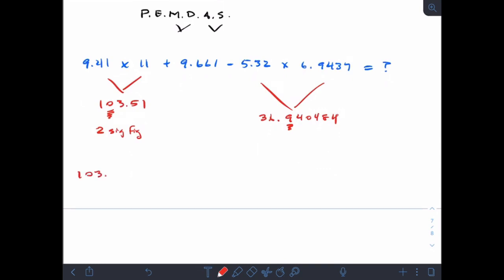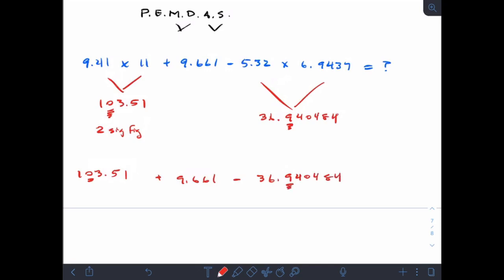So I have 103.51, and I'm tracking at the second digit, plus the 9.661, minus the 36.940484. And I'm tracking at the third digit there.